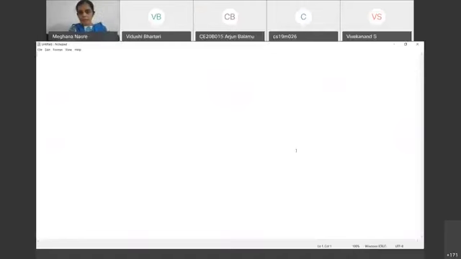Are people able to see Vidushi's text editor? Nikhil was saying you can see. Karthik is saying yes. If you can't see, can you please write that you can't see? Because these are the people whom we need to address.